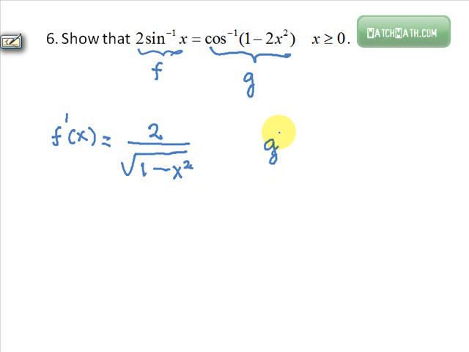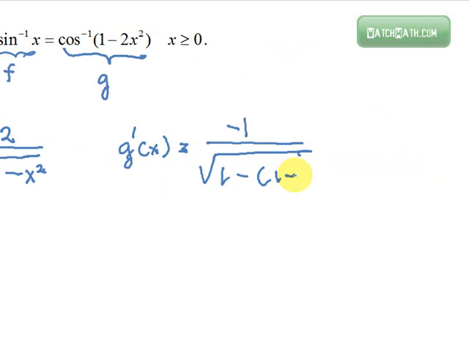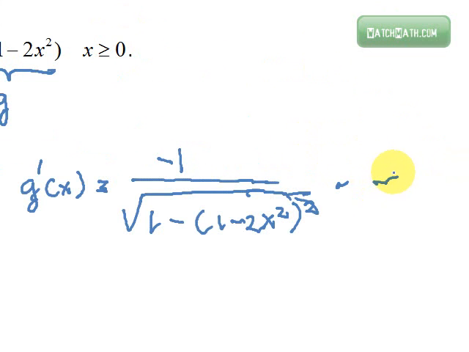And the derivative of g is 1 over square root of 1 minus, so this is negative 1 minus 2x squared, and then multiply by the derivative of the inside, negative 4x.